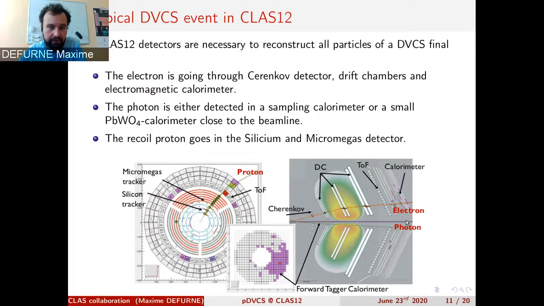Concerning the photon, it can be detected either in the electromagnetic calorimeter at the very end of CLAS12 or close to the beamline and in front of the first drift chambers.